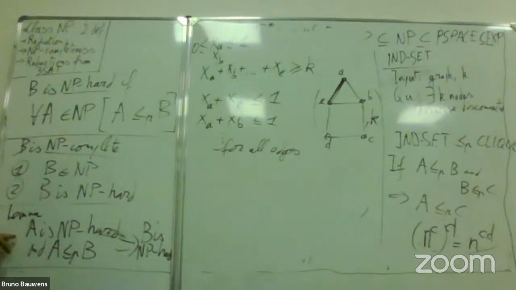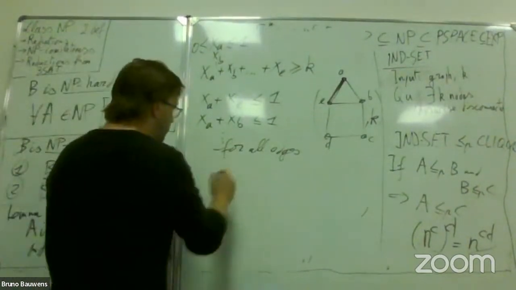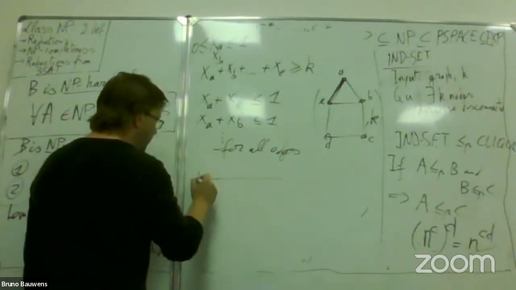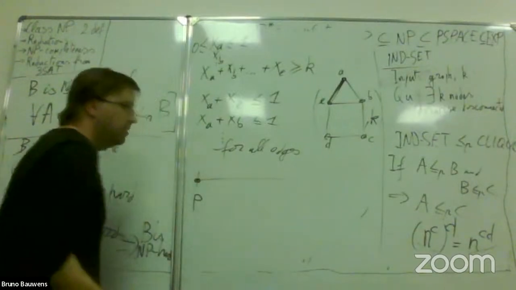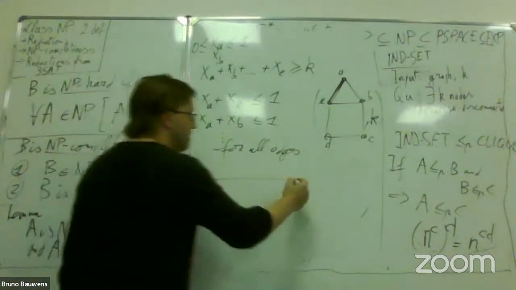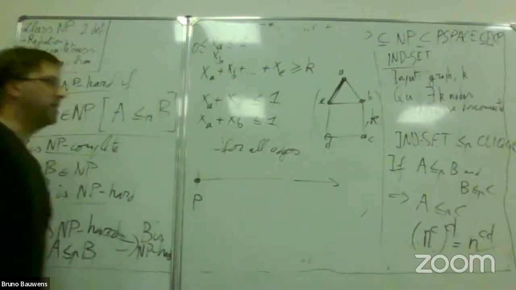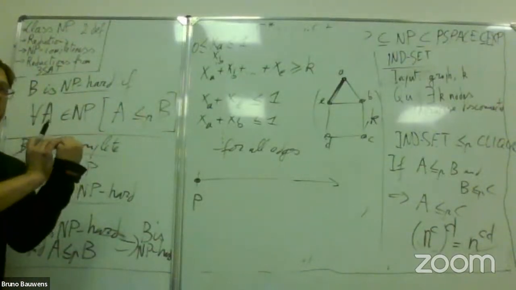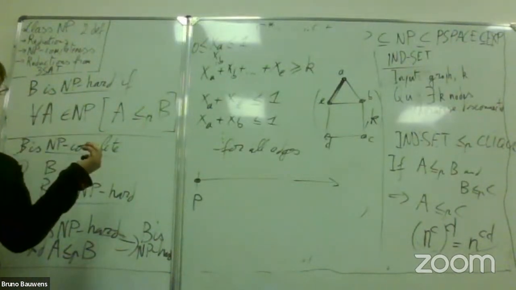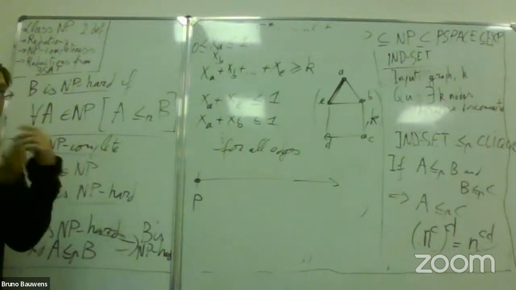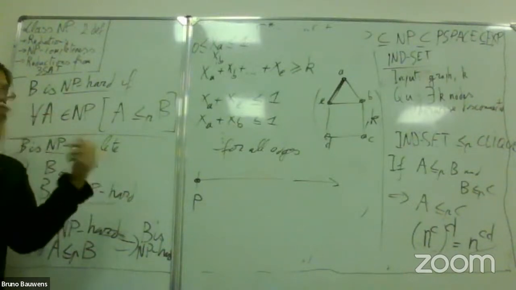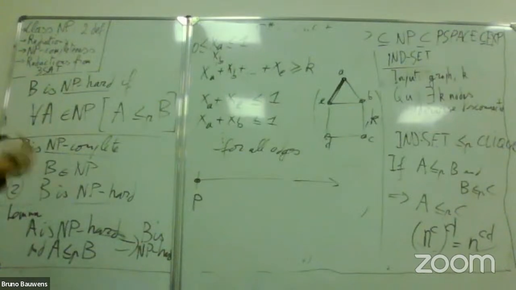So in a picture, it's quite easy. Let us have an axis of all our problems here. I told you that most problems that we will consider in the first half of the course are comparable: either one is easier than the other, or one reduces to the other, or vice versa.